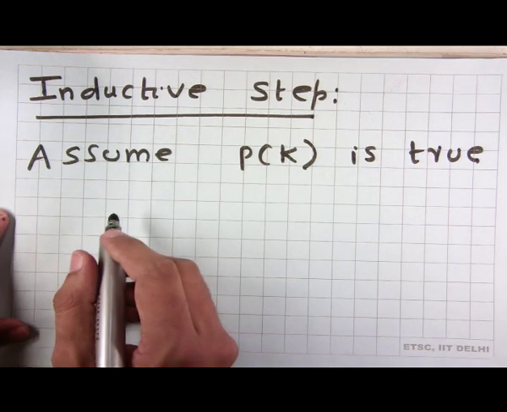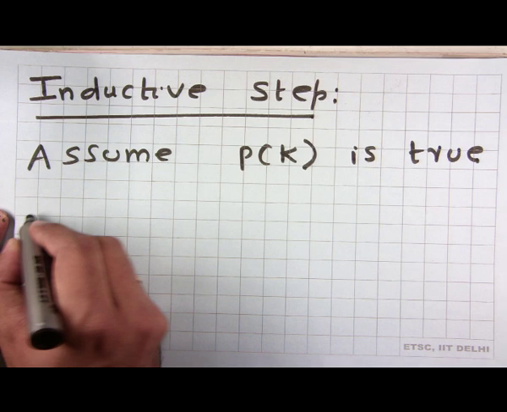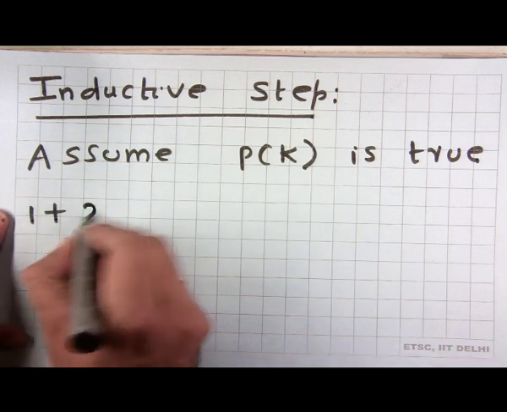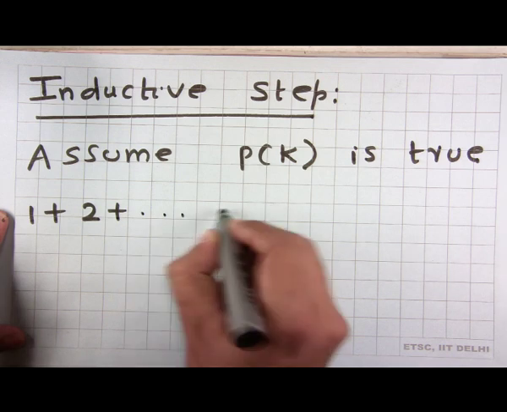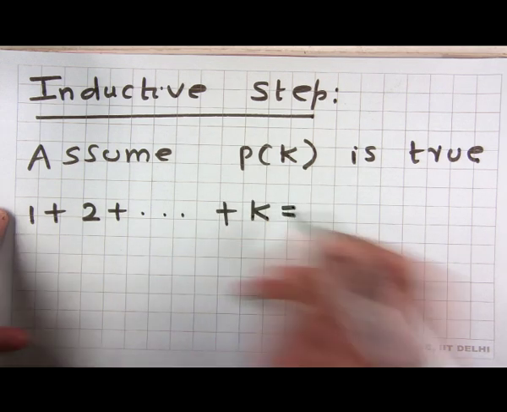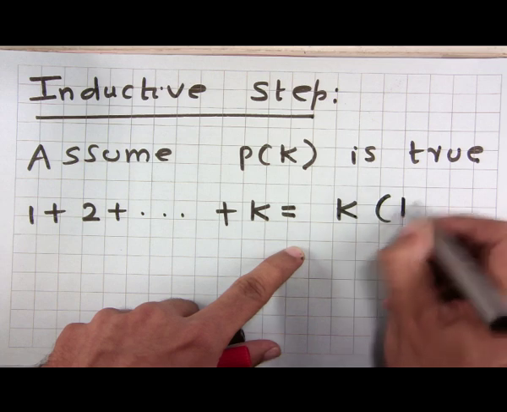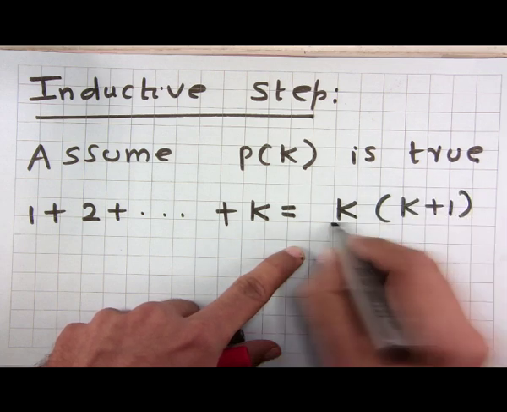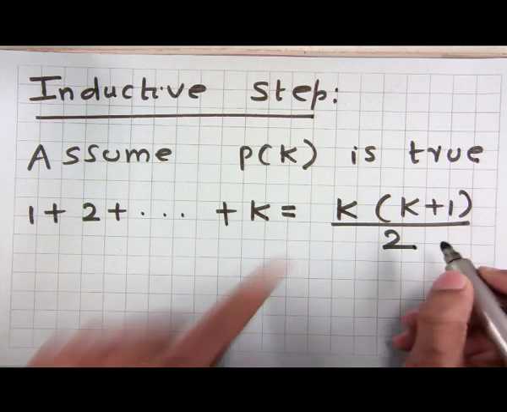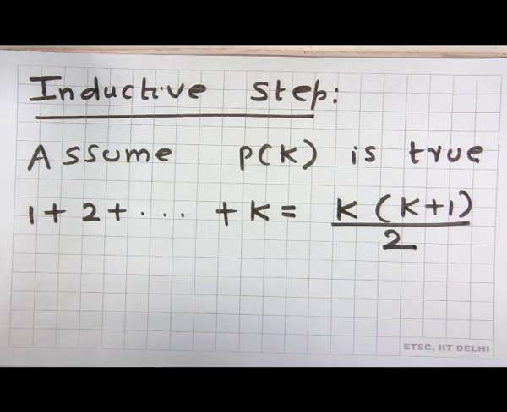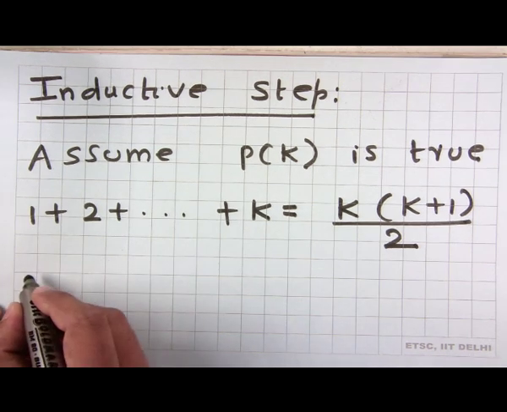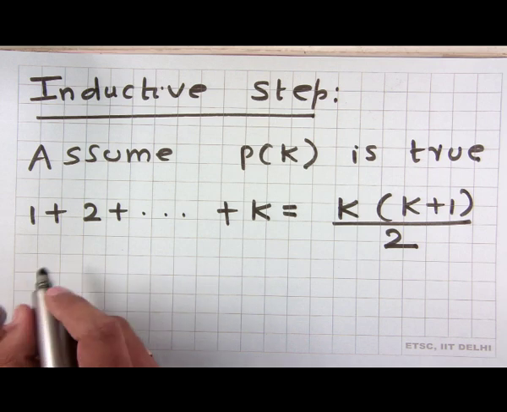Symbolically, assuming P of k is true means that 1 plus 2 plus etc. plus k is equal to k into (k plus 1) by 2. This is the assumption for a specific k in N, arbitrary but fixed. Now, what we have to prove is that P of k plus 1 is true.